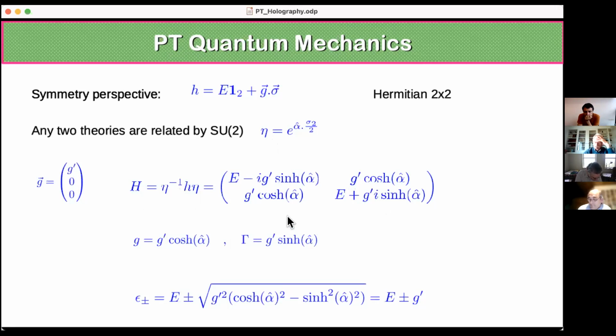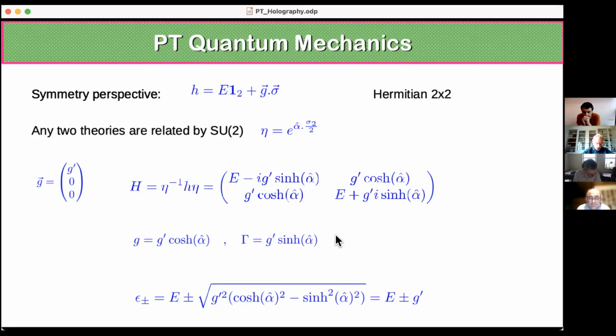Then we can also understand this tunneling amplitude G I had before: it is given by G prime times the hyperbolic cosine, and the escape rate or growth rate is given by the sinh. Now it's clear that whenever I do such a transformation, the tunneling amplitude will always be bigger than the escape rate.